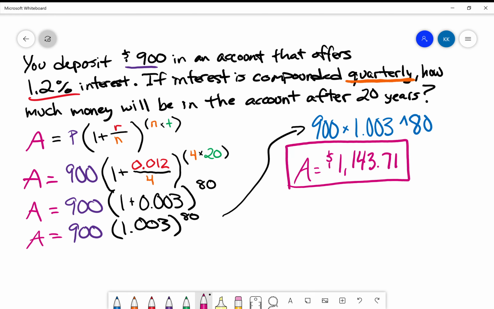So that is how much is in the account after 20 years. If you want to pause this for a minute just to see what's going on, you can. We're going to do one more practice problem.